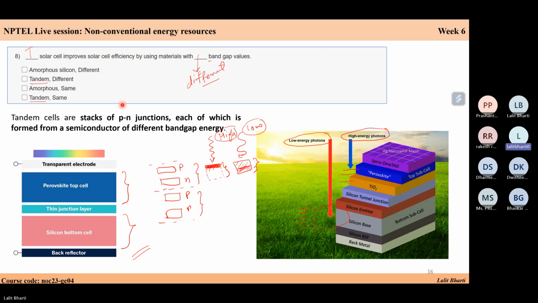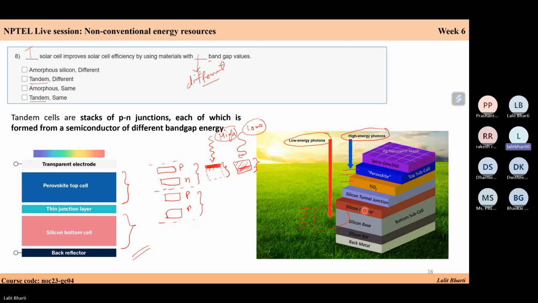The eighth is about the tandem solar cell. So what is tandem? A tandem solar cell is basically different layers of solar cells put together to make a single solar cell. Let's say the band gap of one solar cell is such that it is suitable for absorbing higher energy photons efficiently, but it cannot absorb the lower energy photons.